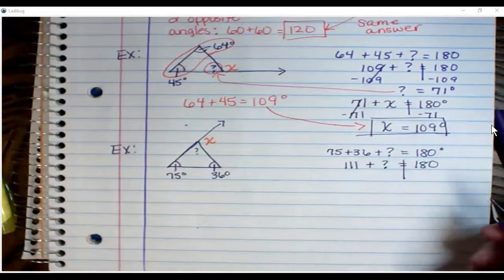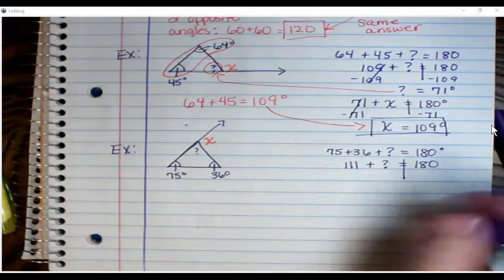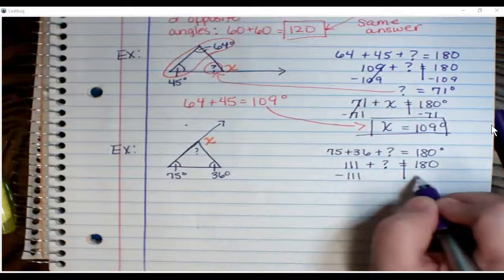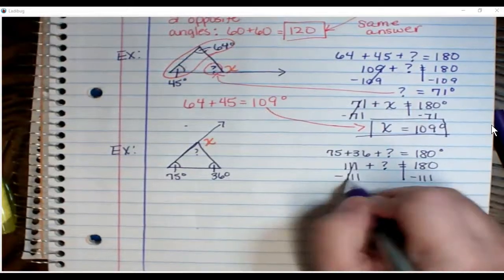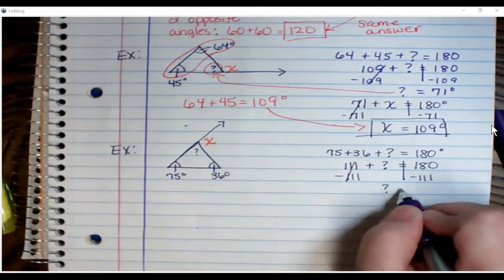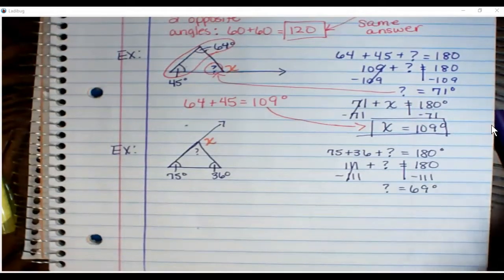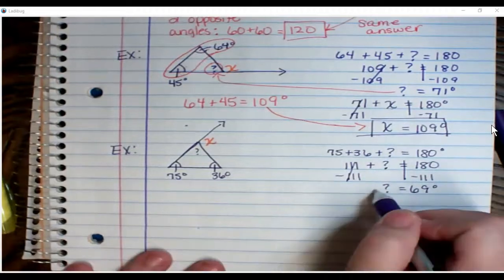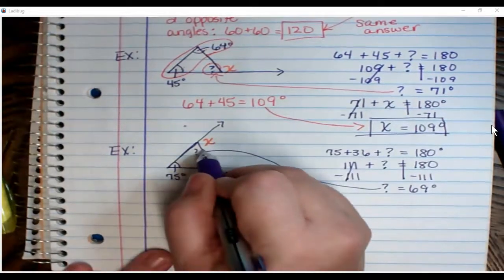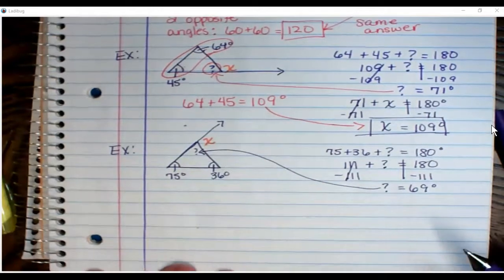I'm solving for that missing angle. I need to subtract 111 from both sides. So that missing angle measurement that we don't know is equal to 69 degrees. So that means that 69 degrees goes right there.